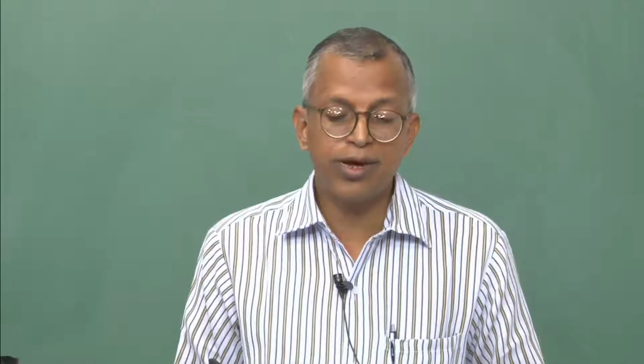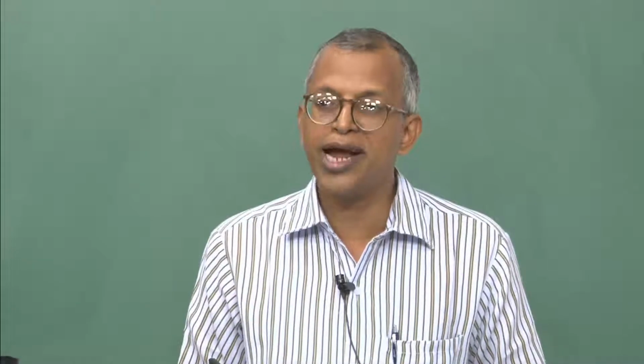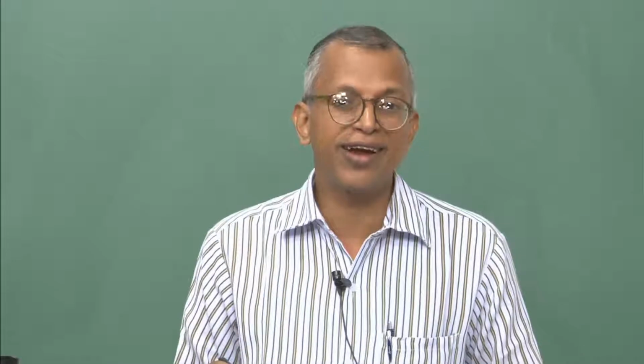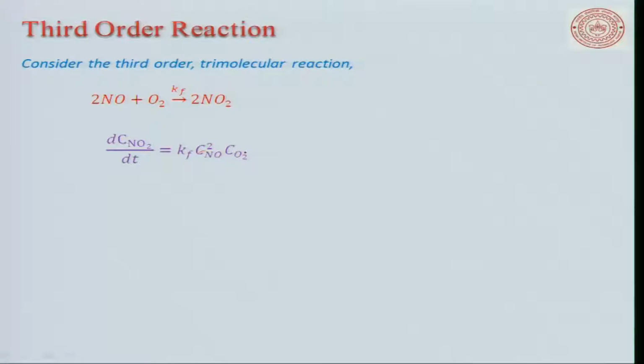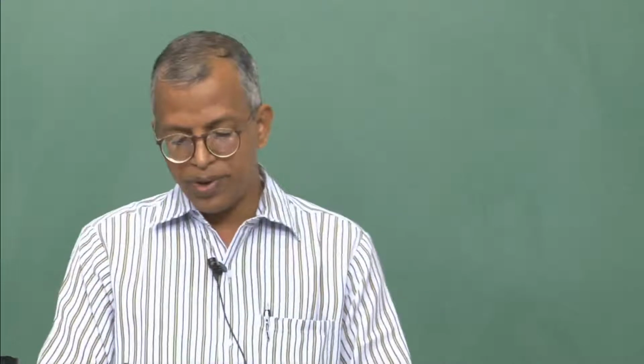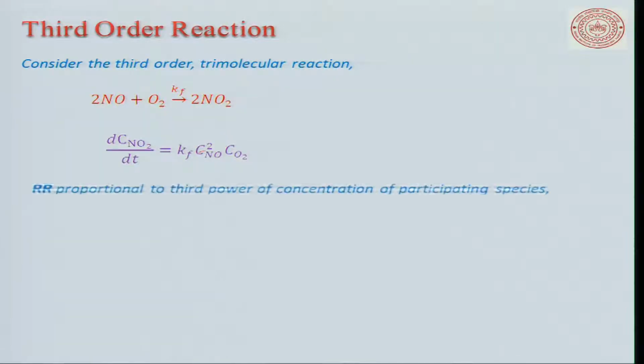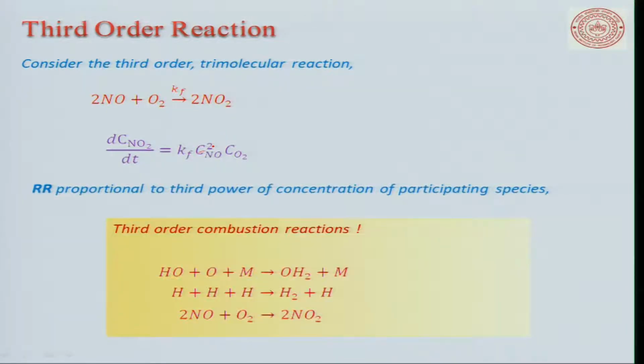Here there is no negative sign because NO2 is being formed. This is basically a third order reaction, because it comes from NO and O2. The reaction rate is proportional to the third power of the concentration of participating species, so we call it a third order reaction.